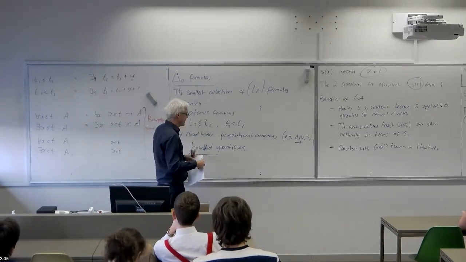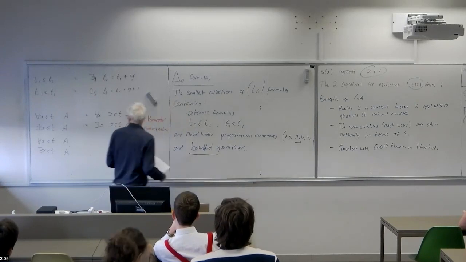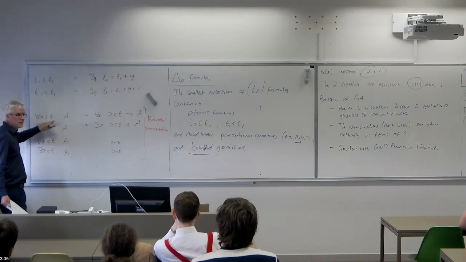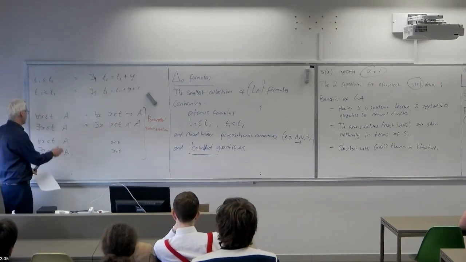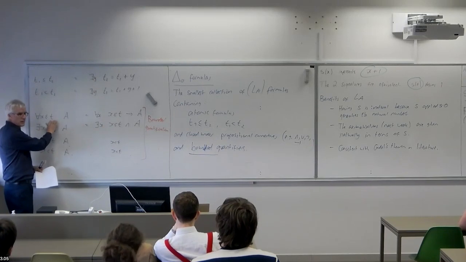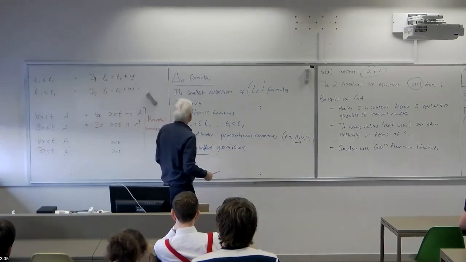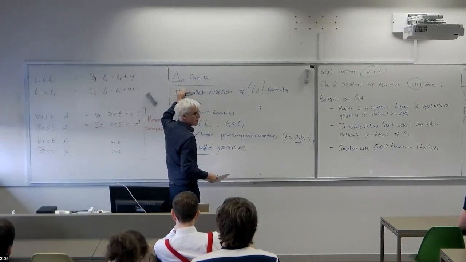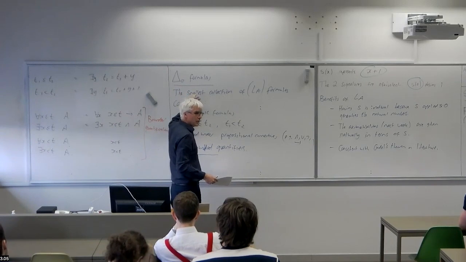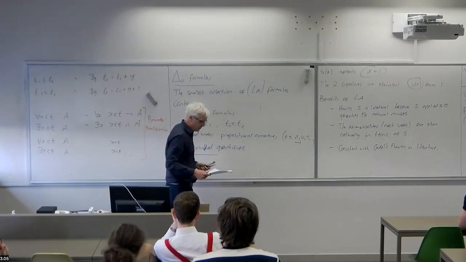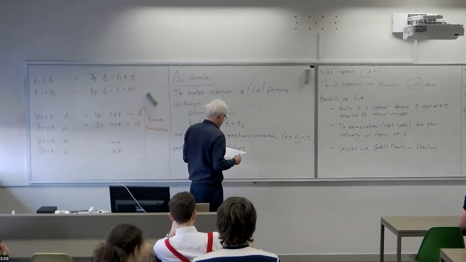And you can decide if such a thing is true, because whenever you have, for example, for all x less than or equal to t, if you've given values to all the free variables, t has some given natural number value, we've only got finitely many cases to check. Okay, so an important property of delta zero formulas is if you fix the values of the free variables, the property it states is then decidable.